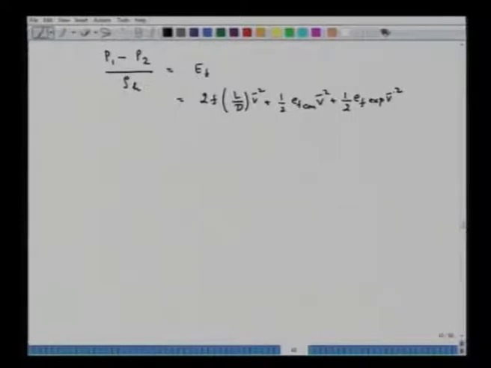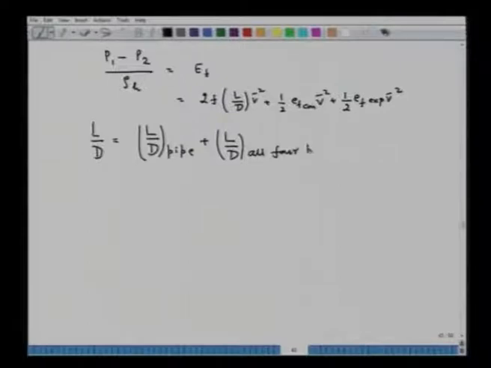Now remember here the L by D that will be equal to L by D of pipe plus L by D of all four bands.